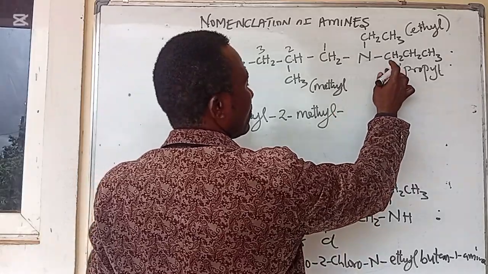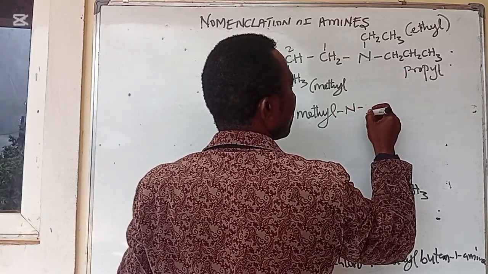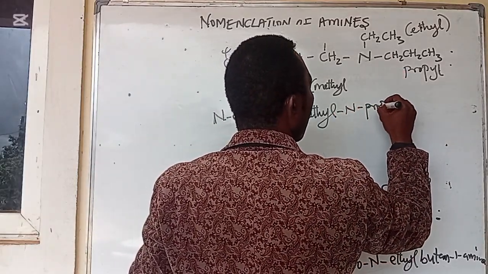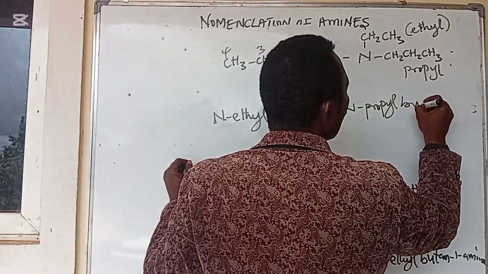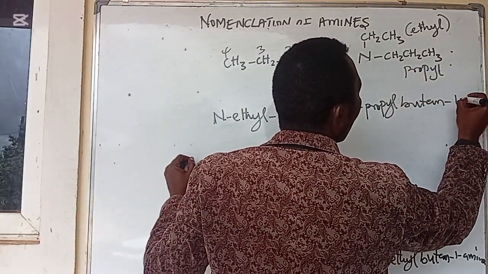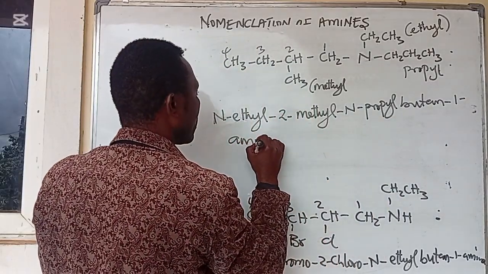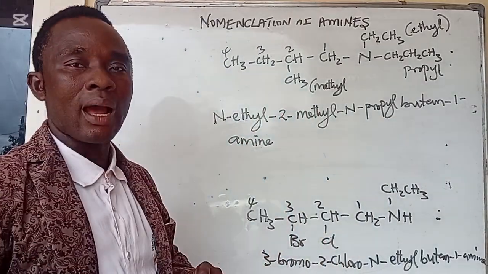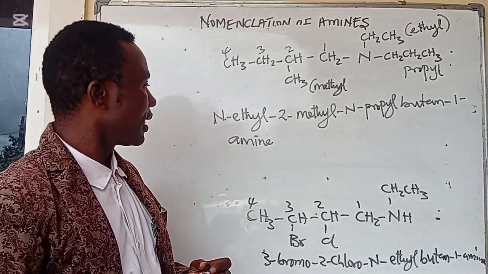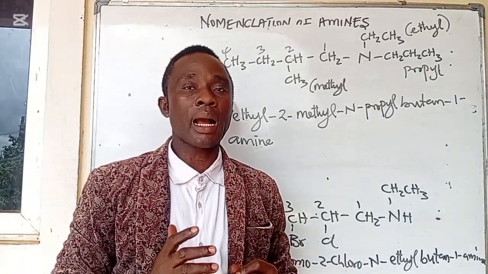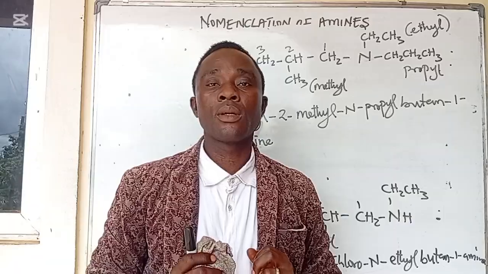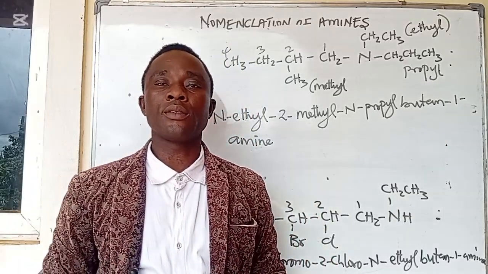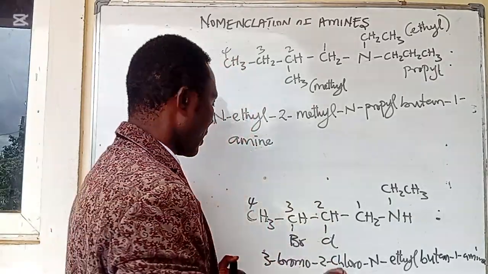Then you have N-propyl. Four carbon atoms is butan-1-amine. So that is how we name the amine. Substituents can be on the alkyl portion, or on the nitrogen. No matter where it is, just name alphabetically.